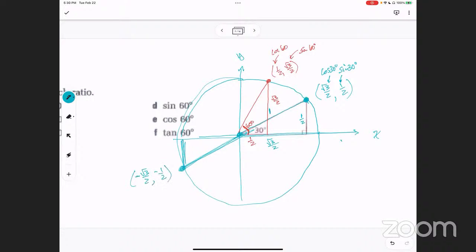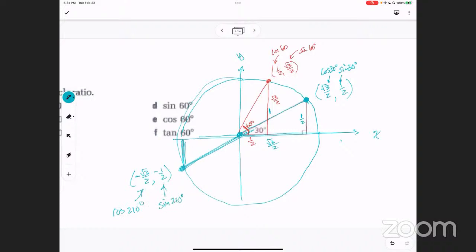And that means that what this angle is right here, see how that was 30 degrees? You always start here, called your initial side. That's going to be 180 plus 30, because this is half a circle. 180 plus 30 is 210. So that angle right there is 210. So this is your cosine of 210, and this is your sine of 210.